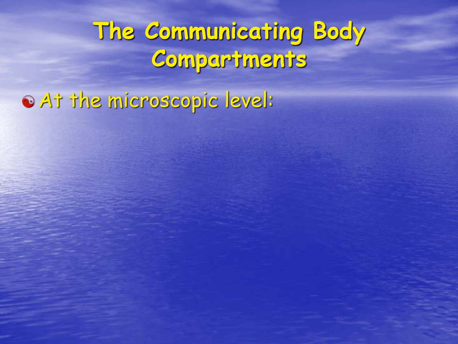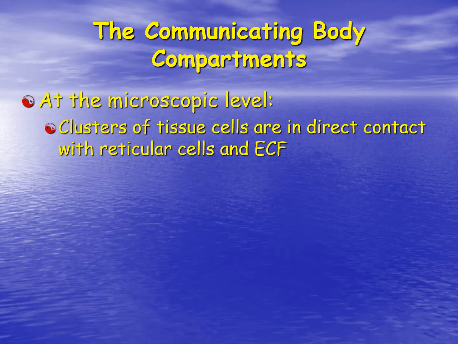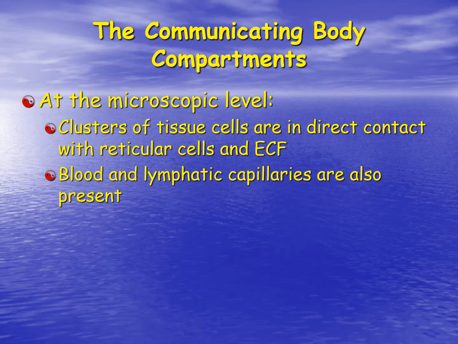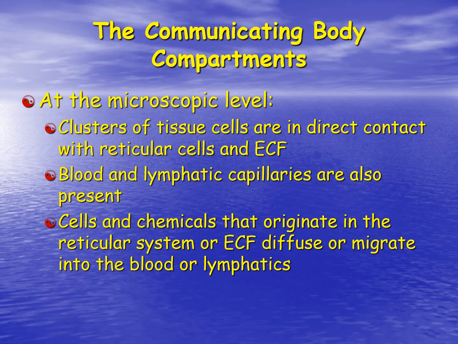So, at the microscopic level, clusters of tissue cells are in direct contact with reticular cells and the extracellular fluid. Blood and lymphatic capillaries will also be present in this area. And cells and chemicals that originate in the reticular system or the extracellular fluid will diffuse or migrate into the blood or into the lymphatic capillaries.